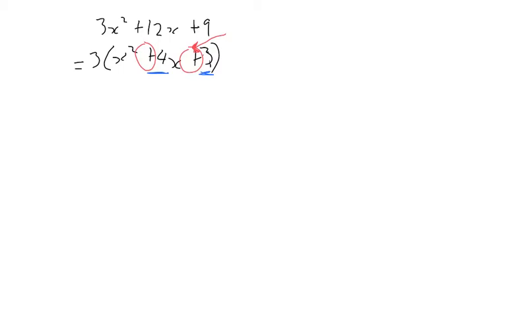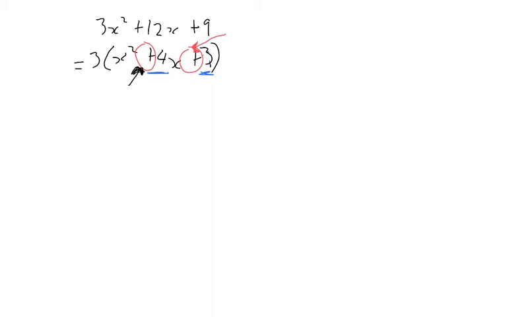And to know that, we look at this one here. If this is positive, then both our numbers are going to be positive. If this was negative, then both our numbers are going to be negative. And you'll see more and more as you do factorising. I'll do a few examples of factorising to help you.